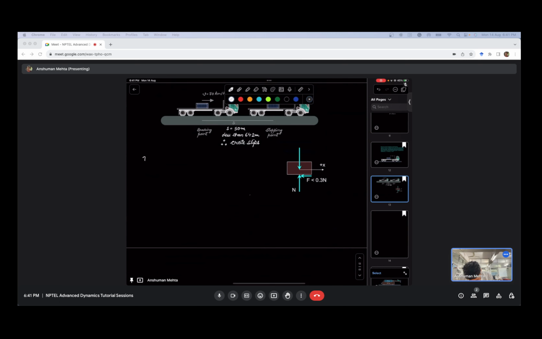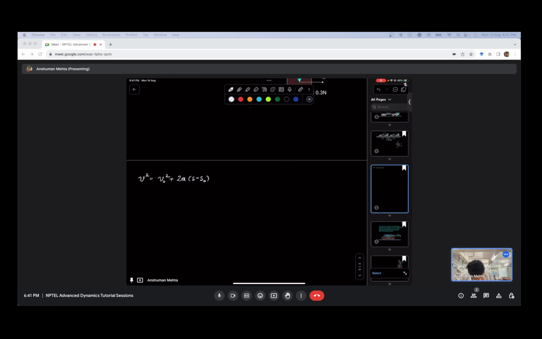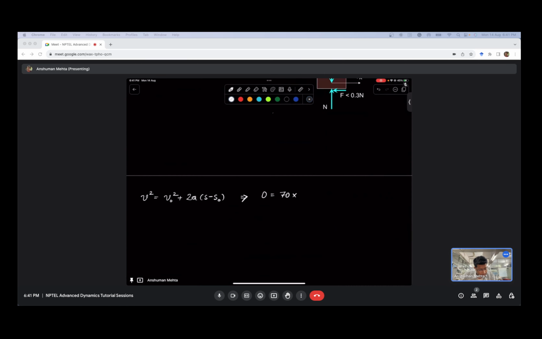So now using v square is equal to v naught square plus 2a into s minus s naught, using this formula we get the acceleration of the truck, with s as 50, not 64.2, 50.